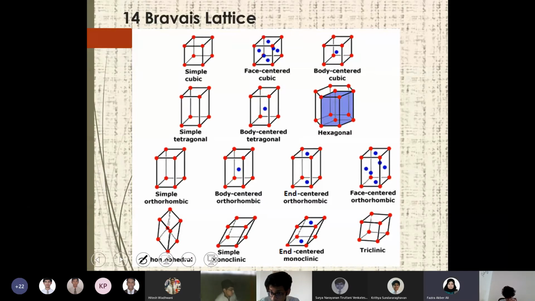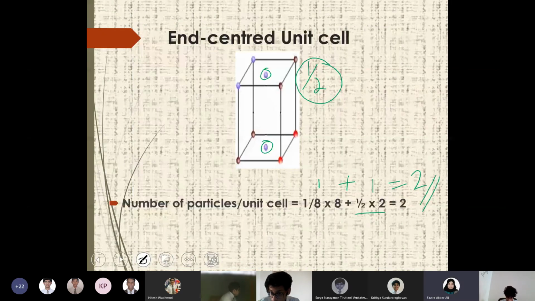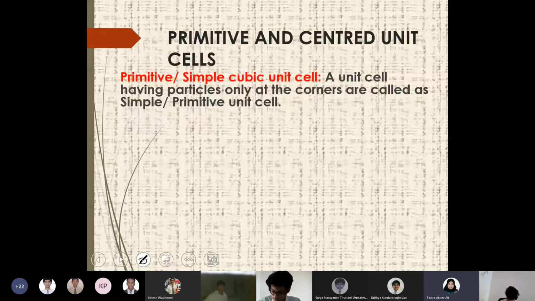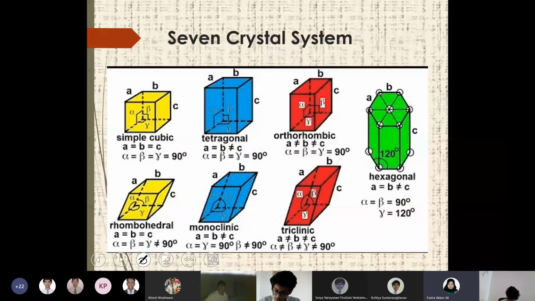No. Okay, so we know that there are 7 crystal systems, right? We discussed the 7 crystal systems. That was based just on the unit cell parameters, edge length and axial angle. In these 7 crystal systems, we didn't discuss how the particles are arranged. We just discussed the shape, the geometry.